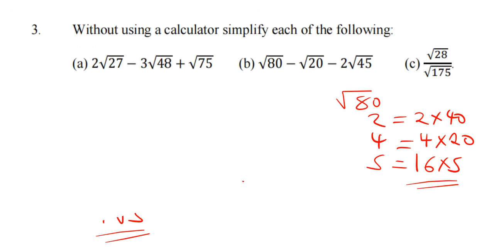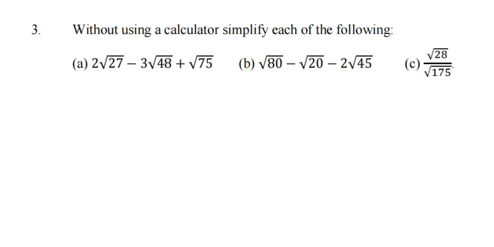So now the last question here, we have C. C is equals to root 28 over root 175. Okay, so basically that you can also try these expressions. Now which two numbers can give us 28?